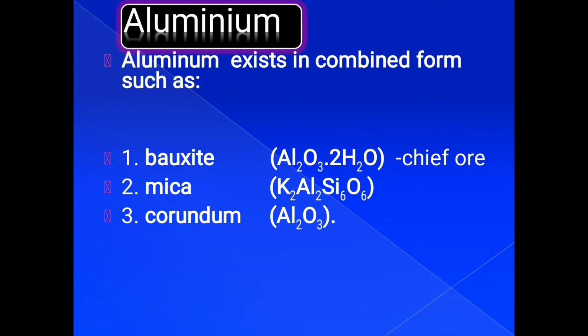So we extract aluminium from bauxite, while mica is another ore of aluminium, but not very popular in extraction of aluminium, as well as corundum. Aluminium is a very useful metal. It is used in making utensils because of a number of properties.